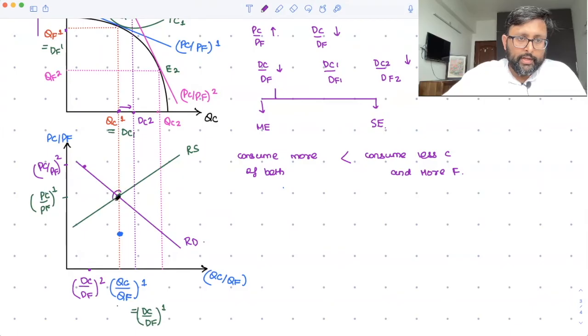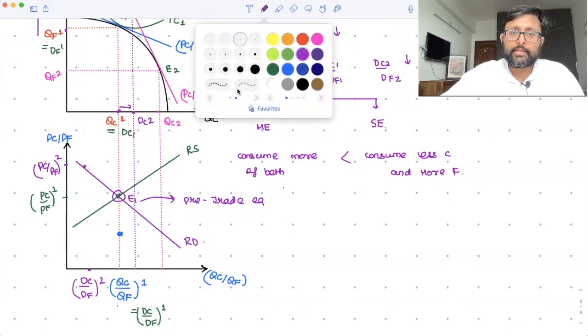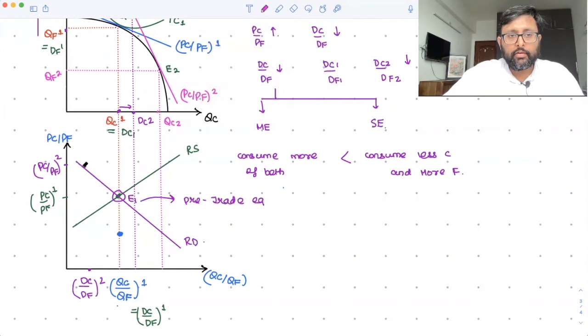So this point is what you call point E1. This one is the pre-trade equilibrium, right? And if you look at it carefully, at this higher relative price of cloth, producers are going to produce more of cloth, and consumers are going to consume less of cloth.